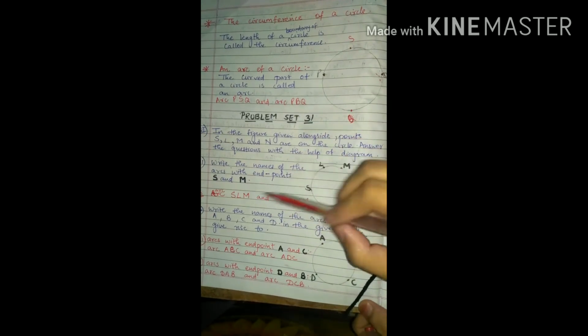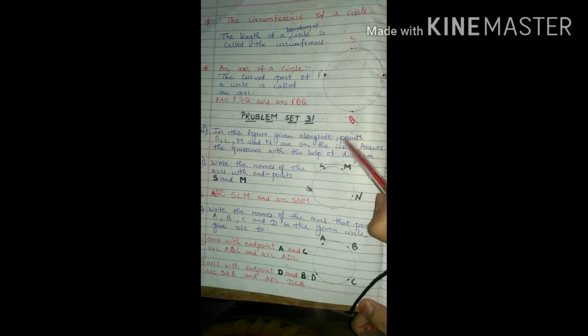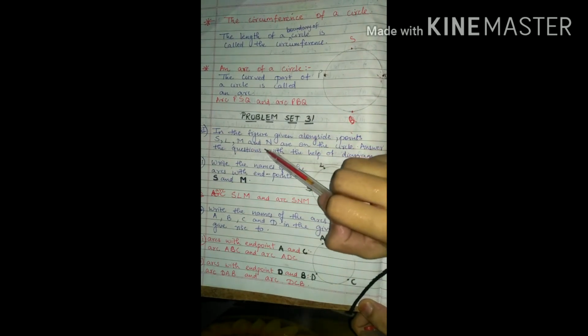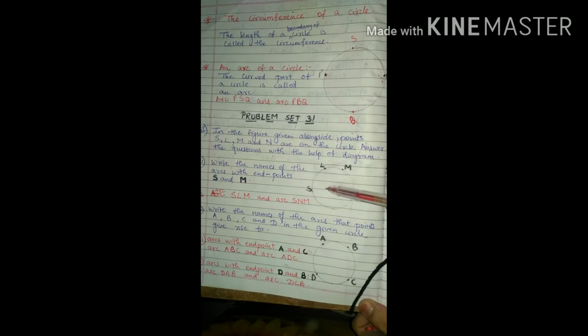So let's start. In the figure given alongside, points S, L, M and N are on the circle. See, points S, L, M, N are on the circle. Now you have to answer the questions with the help of the diagram given below.